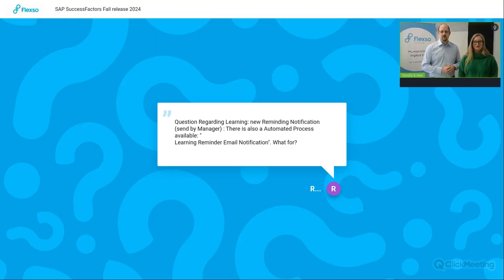With this release, they added this automatic process so that you can set the interval after which the manager, if he or she was not giving approval for something, is reminded after X days: 7 days, 20 days, 30 days, however you want to define that. The automatic job is scheduled to run every day, checking who has had open approvals for quite a while, and then sending the reminder accordingly.